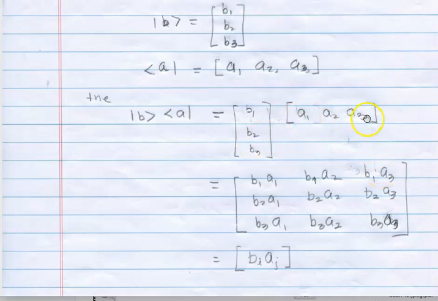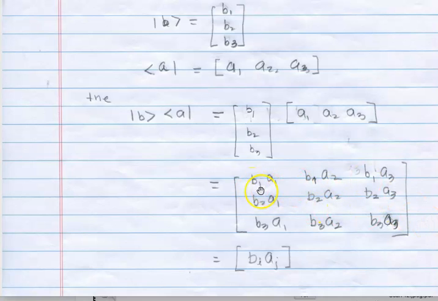B2 times all of these, A1, A2, A3 successively, becomes the second row, and B3 times A1, A2, A3, multiplied by each one, is the third row. So you have the three rows. The first row is the first element times the vector, the second row is this one times it, and the third is this, treating it as a scalar times this vector and writing its components this way.